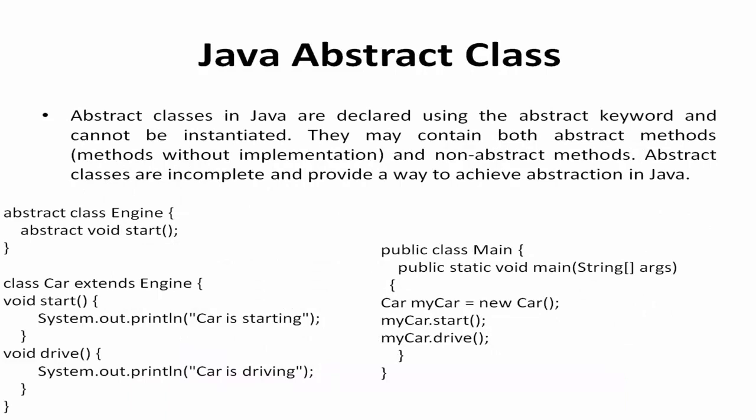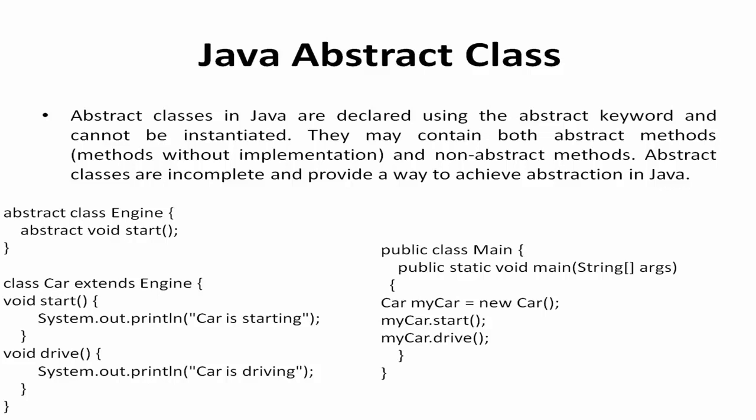Abstract classes in Java are declared by using the abstract keyword, and they cannot be instantiated. They may contain both abstract methods and non-abstract methods. Abstract classes are incomplete and they provide a way to achieve abstraction in Java.